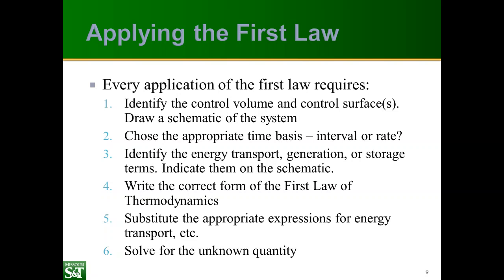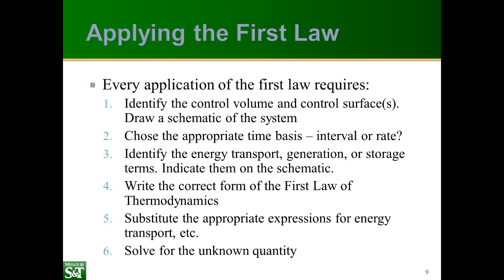And then the next step is going to be to identify all of the energy-related terms. Where is energy being transported? Is there flow that's carrying energy? Is there conduction or convection or something like that? And then indicate all of this stuff on your drawing, so everybody can see the terms that you were accounting for and everything like that.